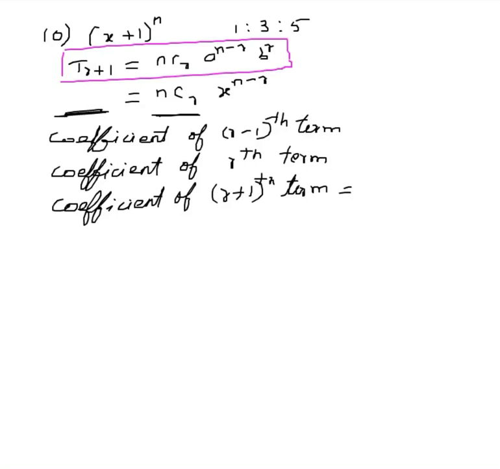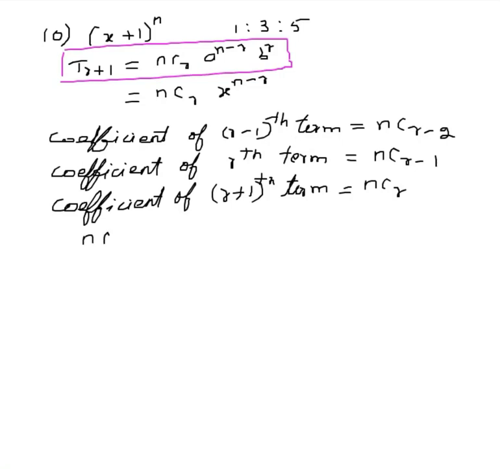From the general term formula, the coefficient is nCr. Now the coefficient in the previous term will be 1 lesser than that. Similarly, here it is nCr minus 2.